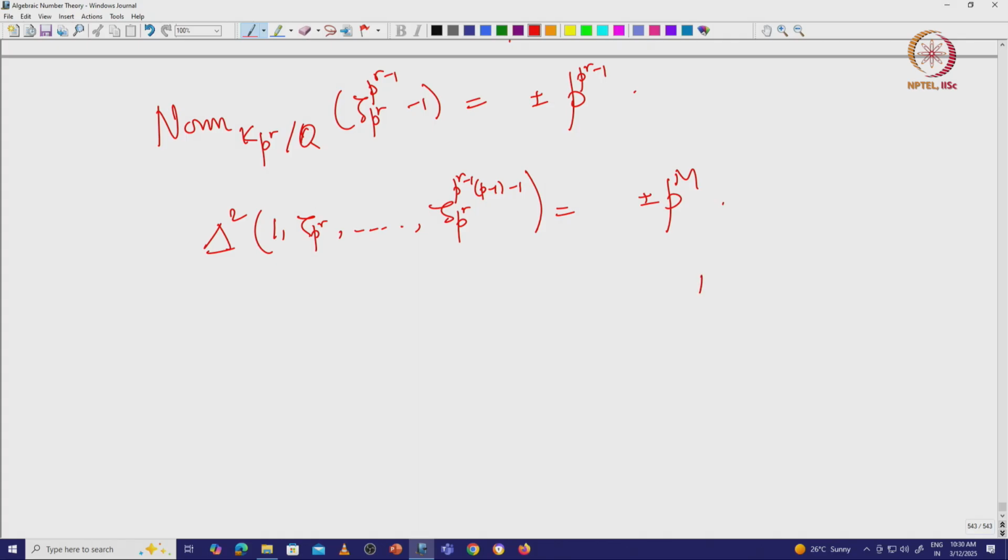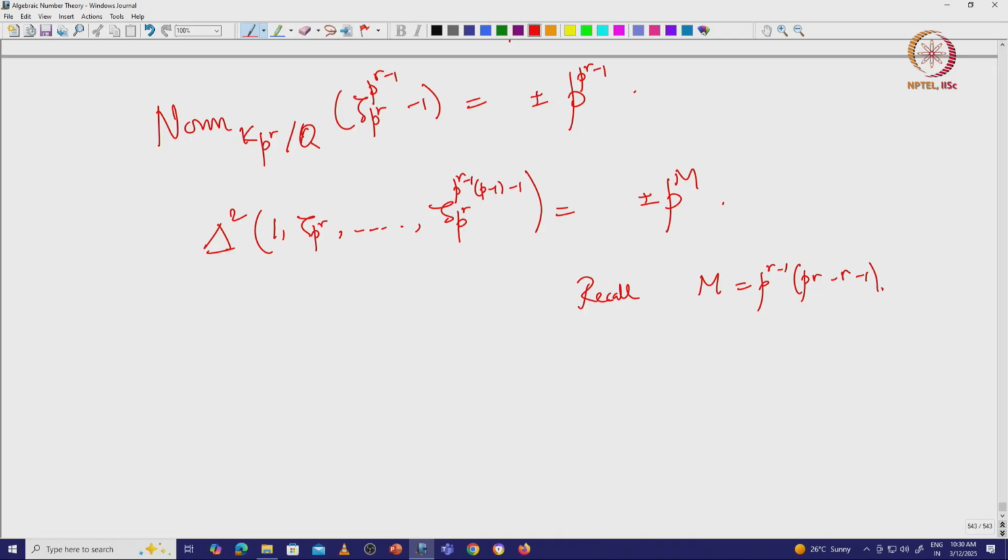Recall that m was this quantity p^{r-1}(pr − r − 1).